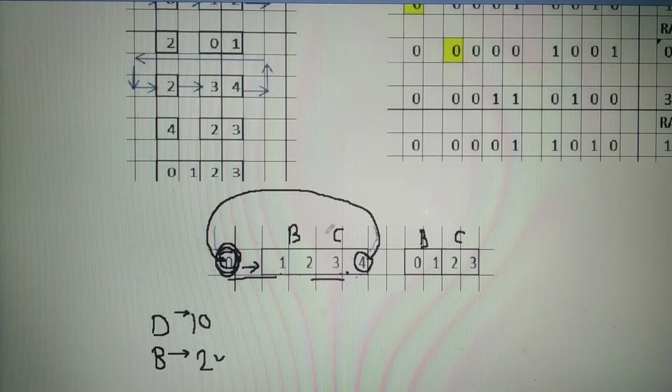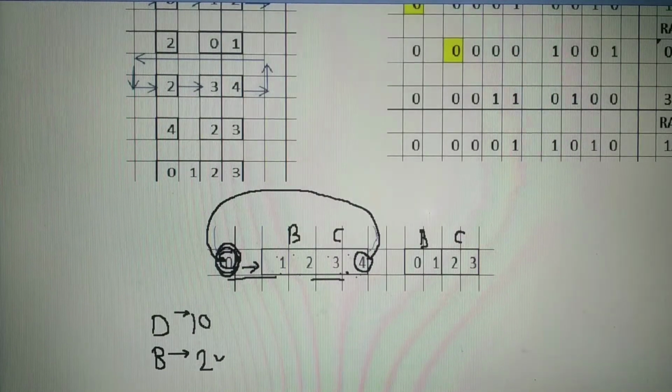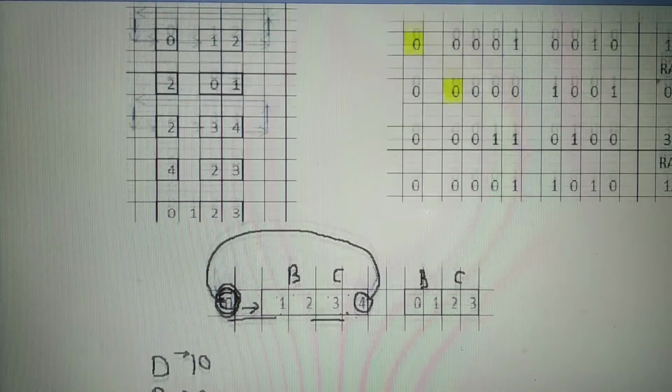The number in BC register pair is 1, 2, 3, 4: 1, 2 in B and 3, 4 in C. 1 is the high order digit, 2 is the low order digit, 3 is the high order digit, and 4 is the low order digit in the respective register.